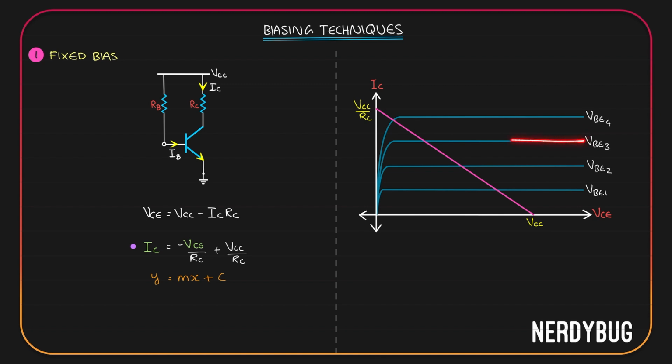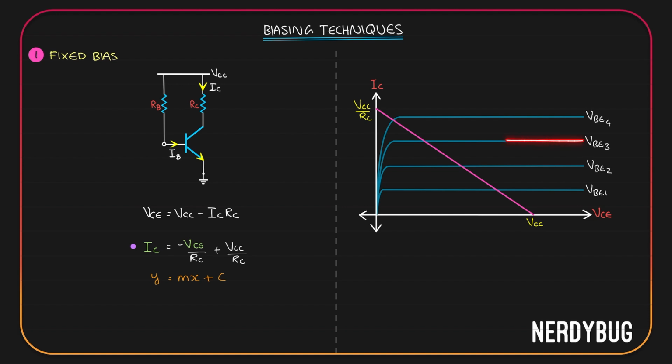Then the collector current you get is going to be this much. Now the question is, how much should be your VCE for this to happen? Obviously, it has to be this much. Because according to the straight line graph, if this is your collector current, then VCE has to be this much.